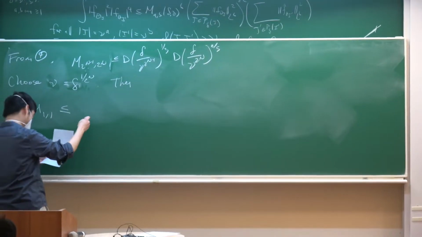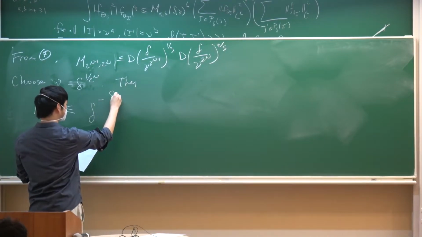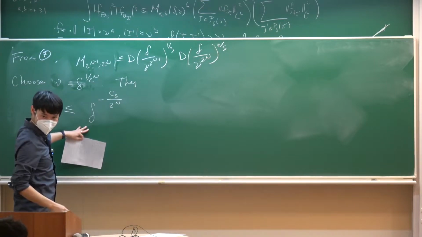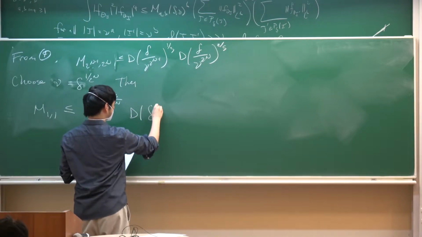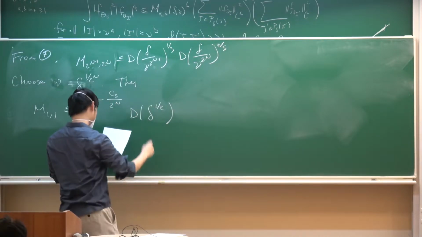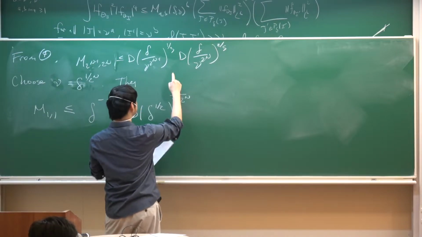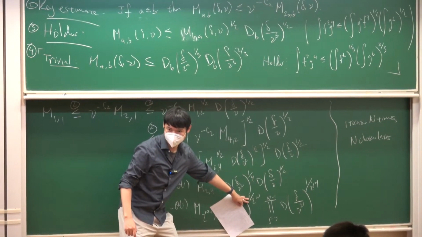Yeah, so anyways, you get this times delta to the minus, let's call it C3 over 2 to the n. Okay, this is the nu to the big O of 1. Okay, times d of delta to the 1/2. This comes from this guy. To the 1 over 3 times 2 to the n. The 1/3 comes from here, but remember, this term is raised to the 1 over 2 to the n.